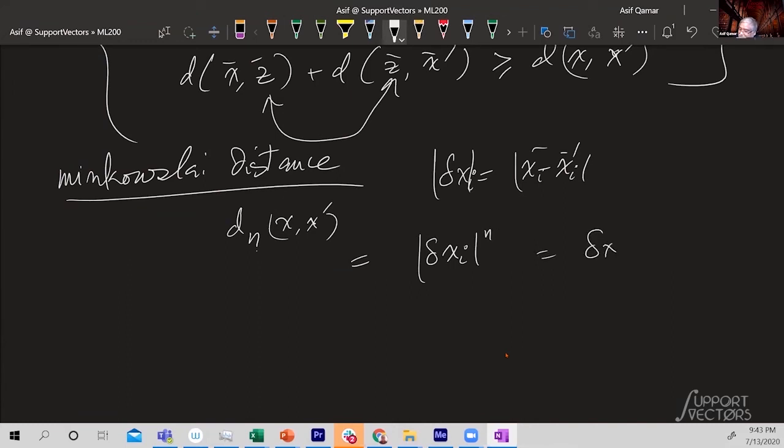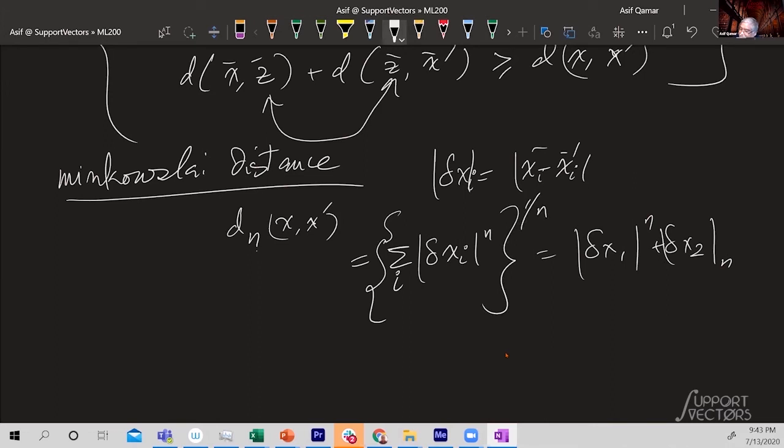In other words, delta x1 to the n plus delta x2 to the n, and so on, summed over i, and the whole thing to the power 1 over n. You have to take the nth root of it.